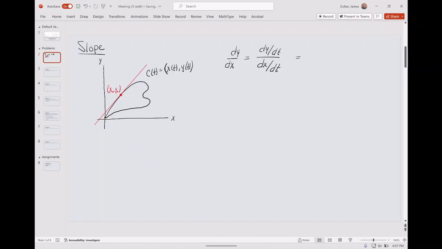Or shorthand, y dot over x dot. In physics, that dot notation just means derivative with respect to time.